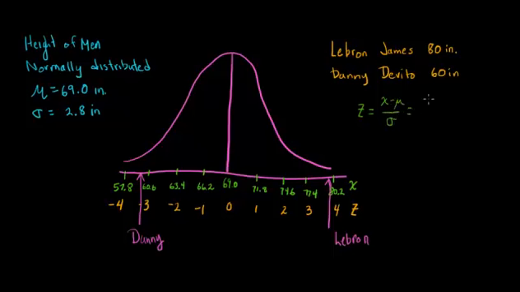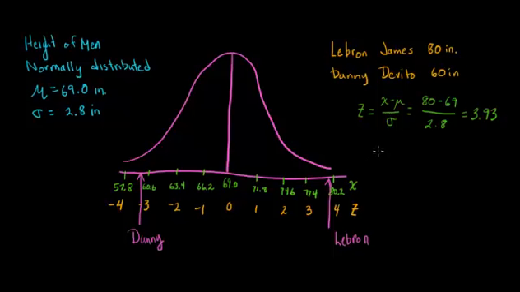So the value of interest is LeBron's height, 80 minus 69, and notice we're going to get a positive number here, above the mean, positive. We're in the positive direction, so our x has to come first when it's larger than the mean. That means we'll be above the mean. Divided by 2.8. And for LeBron, we get 3.93. And that should make sense because we said he's almost to 4. Very, very close to 4.